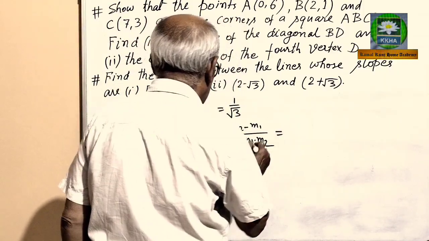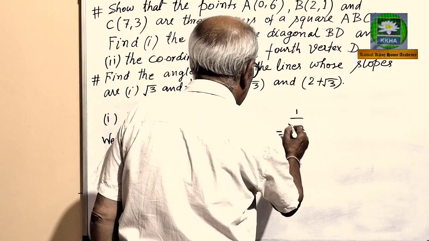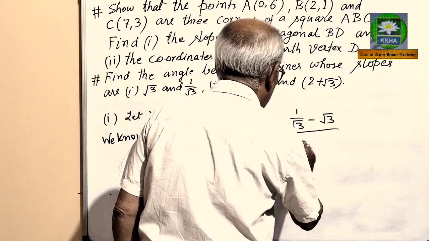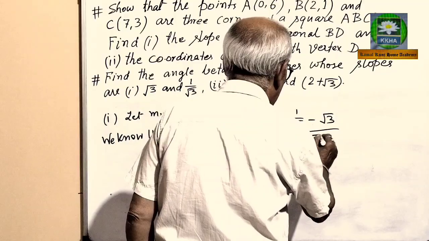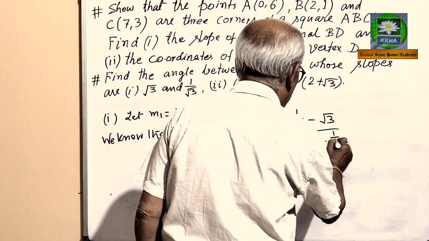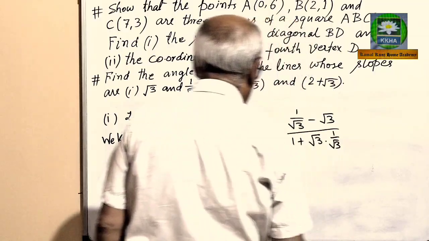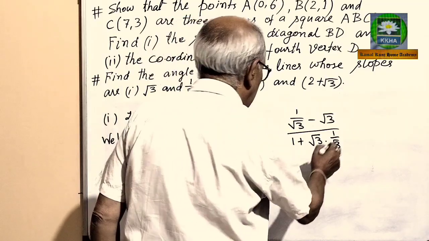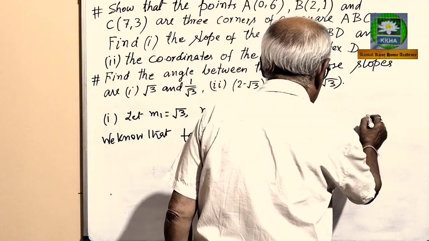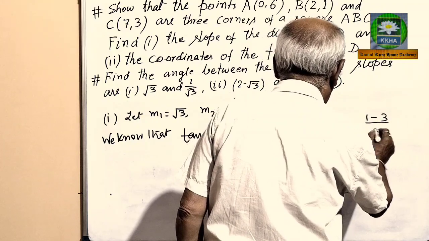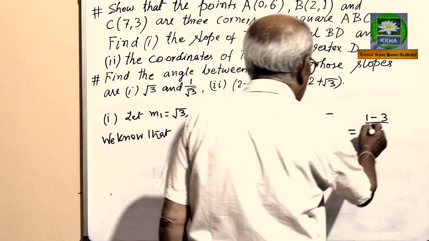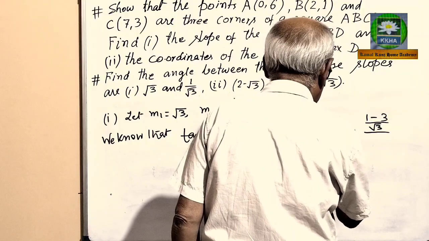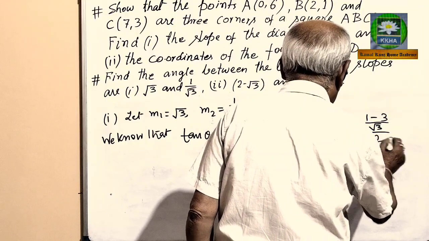This is equal to 1 upon root 3 minus root 3 upon 1 plus root 3 into 1 upon root 3, which is equal to 1 minus 3 upon root 3 divided by 2.